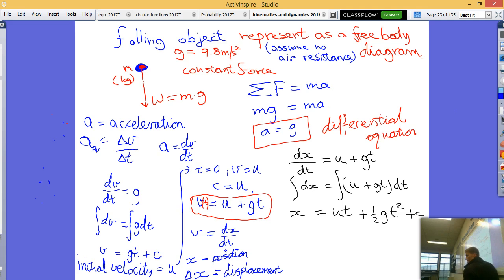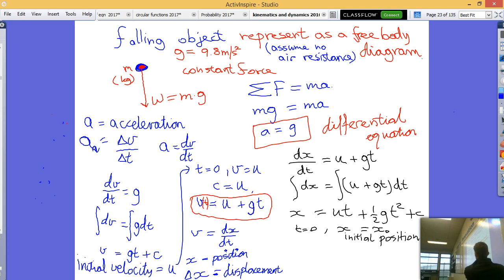Alright, so then from there, I want t equal to 0, and x is going to equal what it was, your initial position. Not always 0, it could be anywhere. You could be initially 10 meters off the ground. So we're going to call that x0, your initial position. Does that make sense?